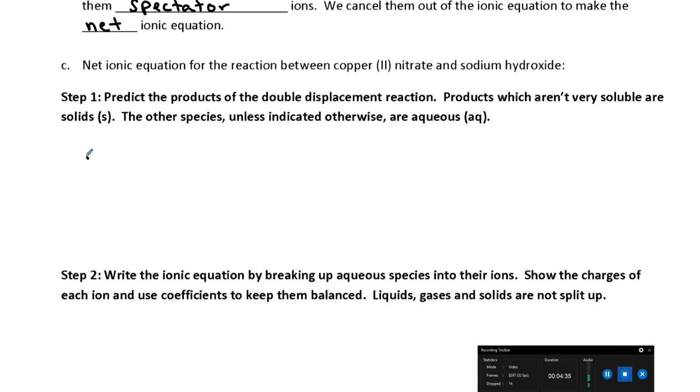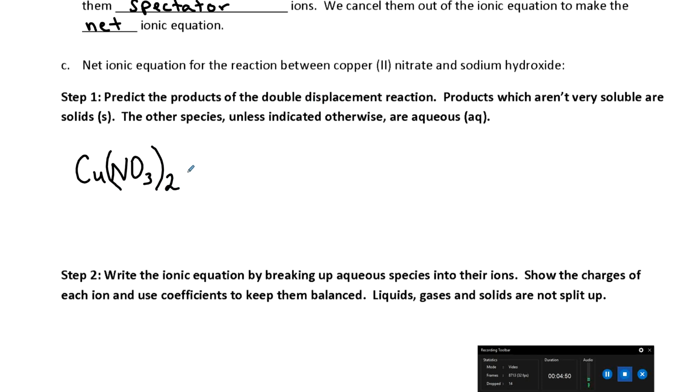Copper 2 nitrate is our first reactant. So copper, and nitrate is NO3, and because copper has a +2 charge and nitrate's a -1, I'll do that.